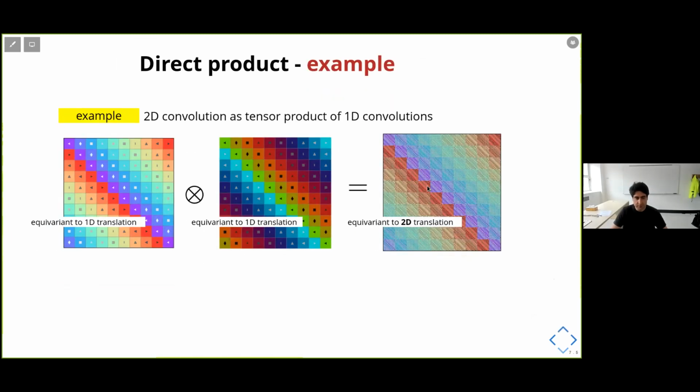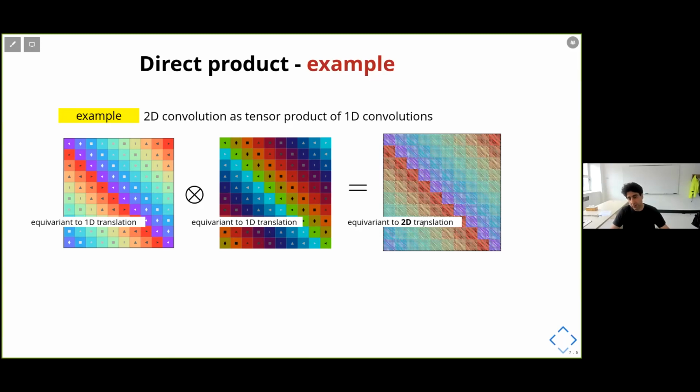The most well-known example, not using this derivation, but the one that you're familiar with, is 2D convolution. If you look at the tensor product of 1D circular convolution matrices, you get a matrix that corresponds to 2D convolution.